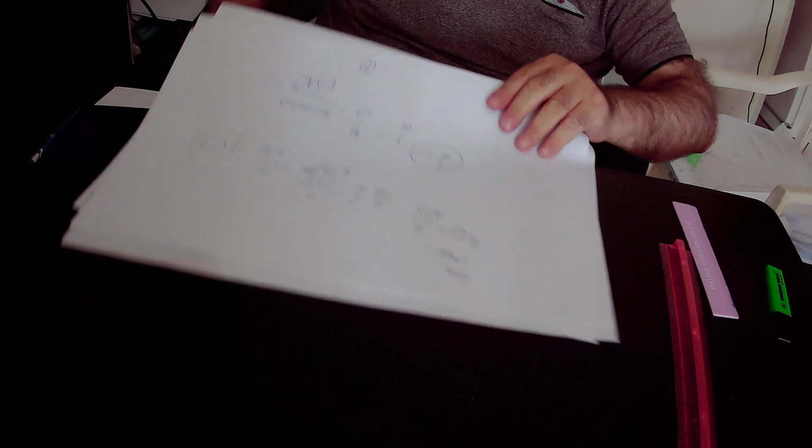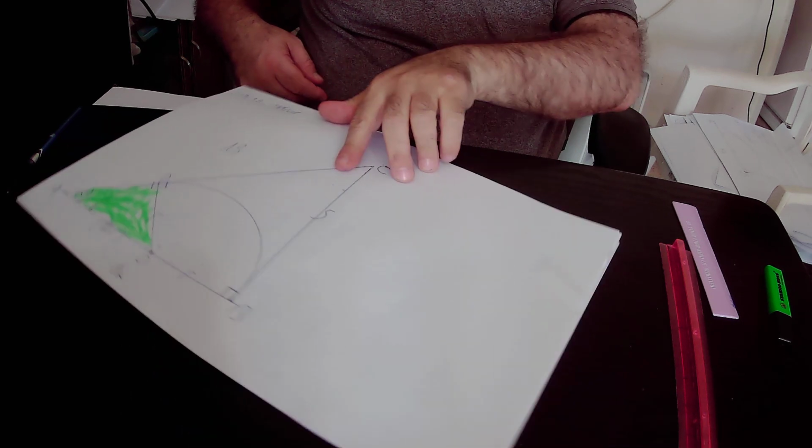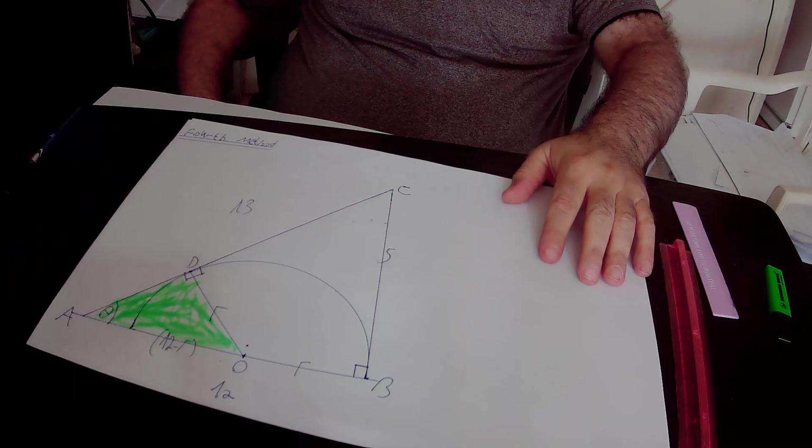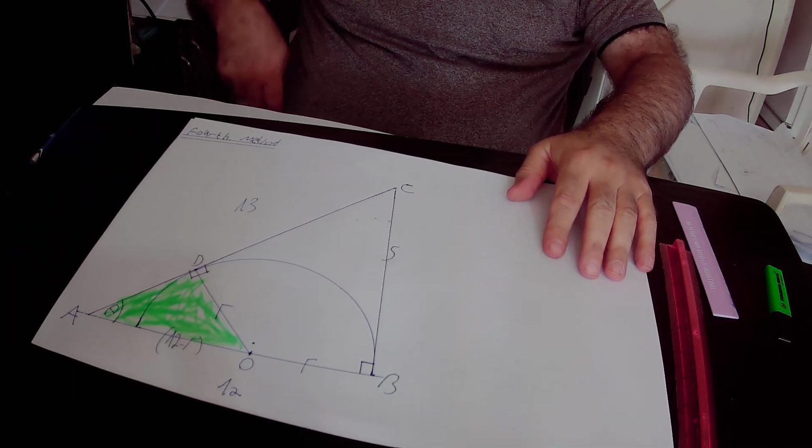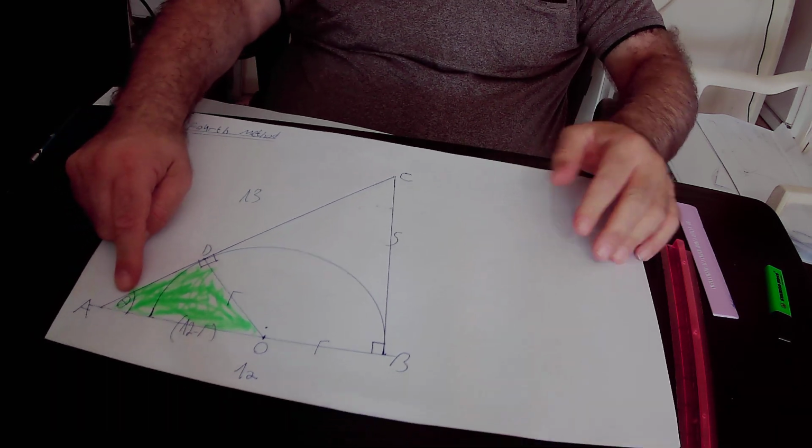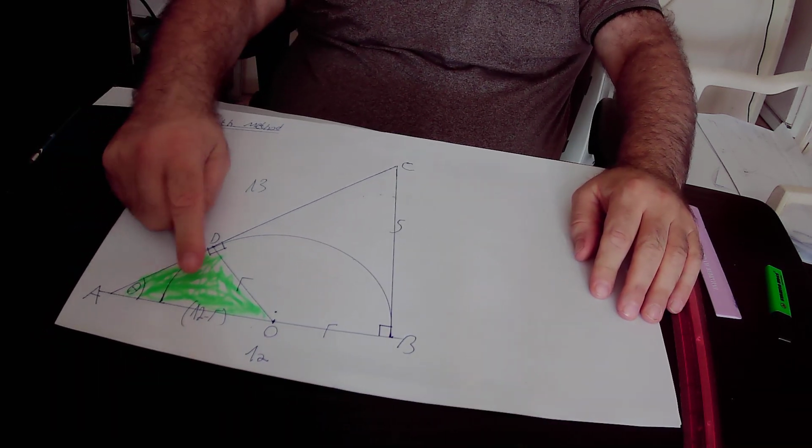So we finished with the first method, and at the end I presented to you how to find the area of the semicircle according to a fourth method. In the fourth method, we defined this angle CAB as theta.